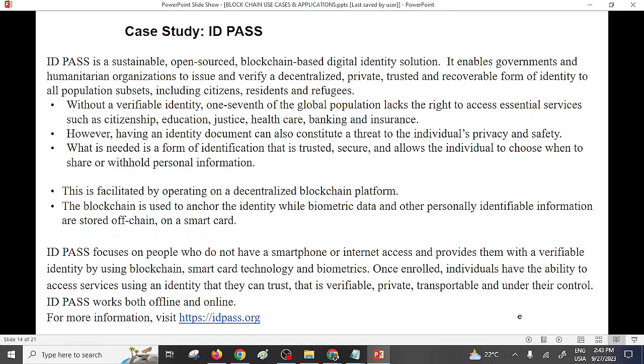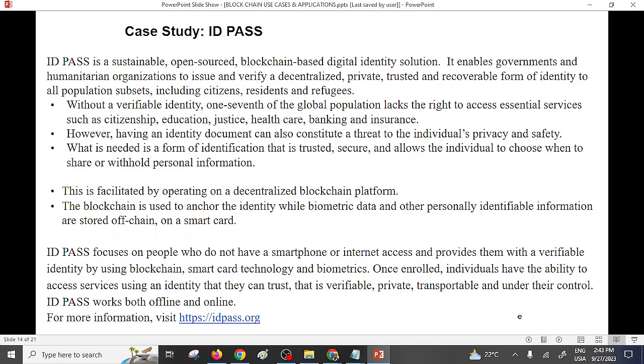All right, thanks. So you realize that this is something that is being implemented, right? It helps humanitarian organizations such as NGOs to create a digital identity solution that they can track. Normally we have issues with refugees, right? So they can track where they are within a particular country and where they're from.